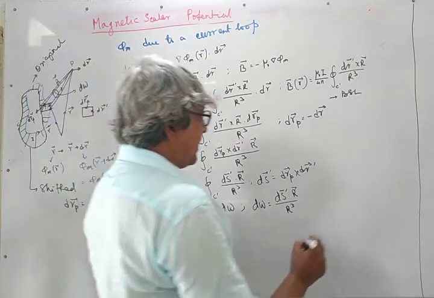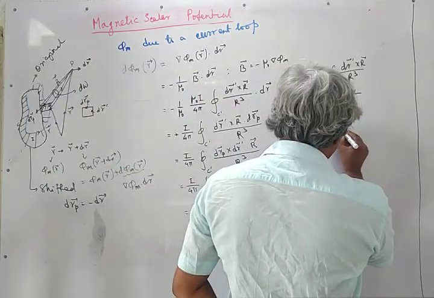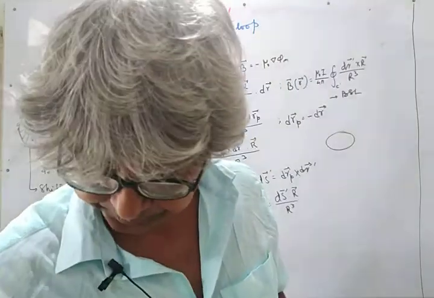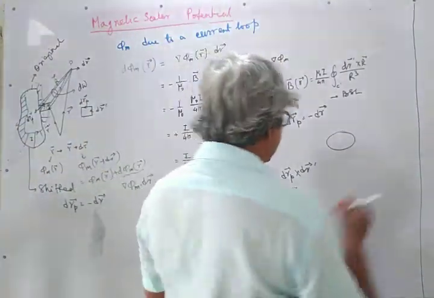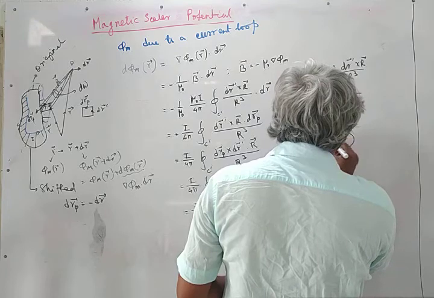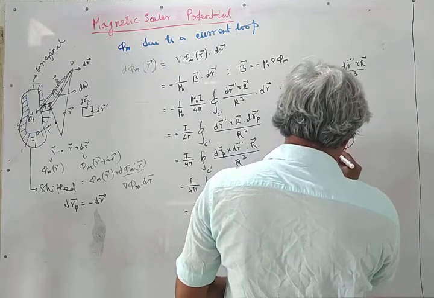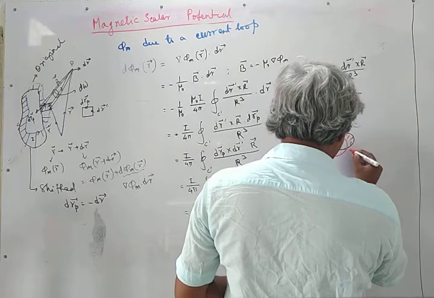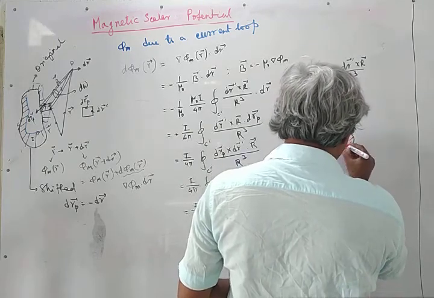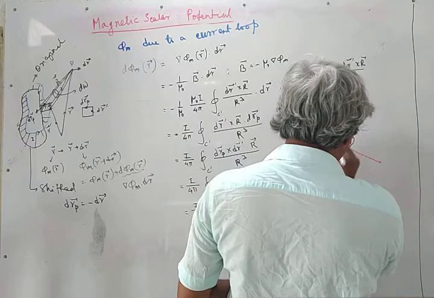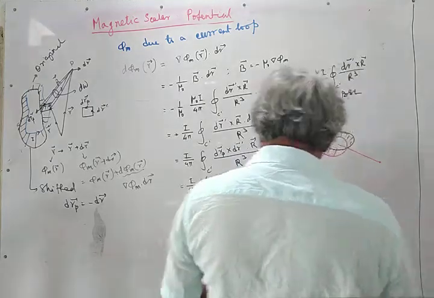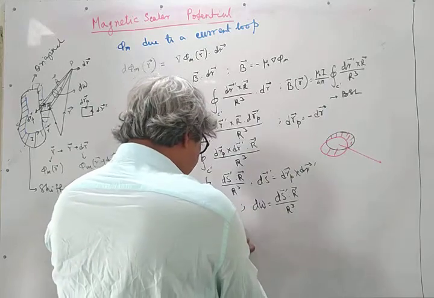That is, if this is one position of the conductor, and this is the shifted position, then the area traced out by it is this, and this area subtends a solid angle at the field point.